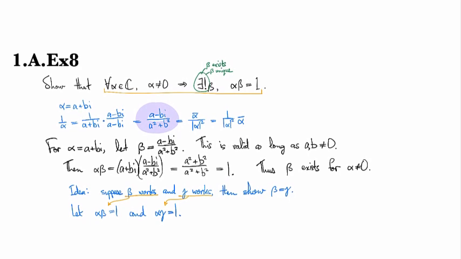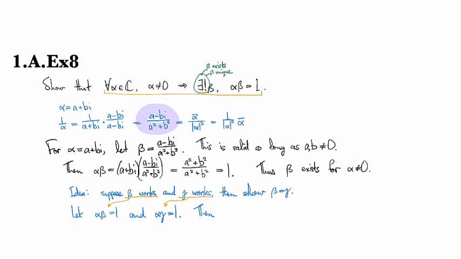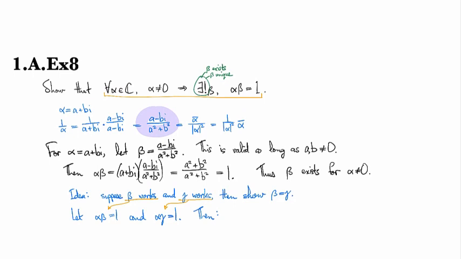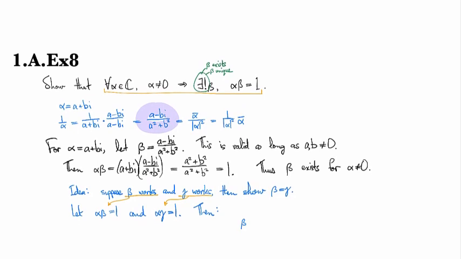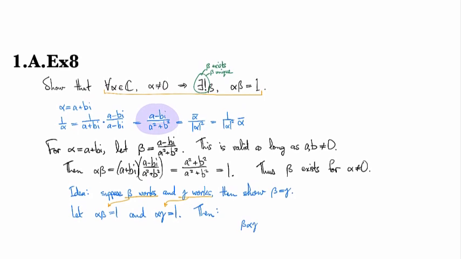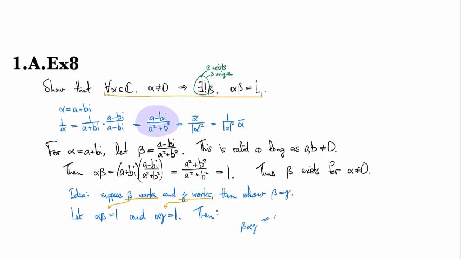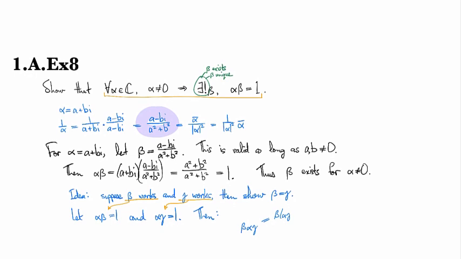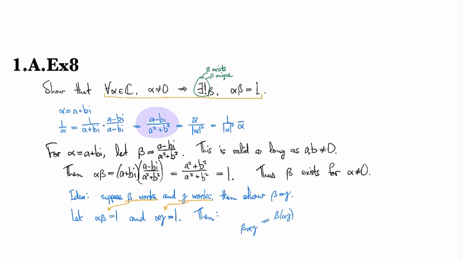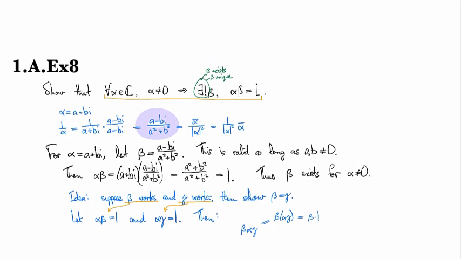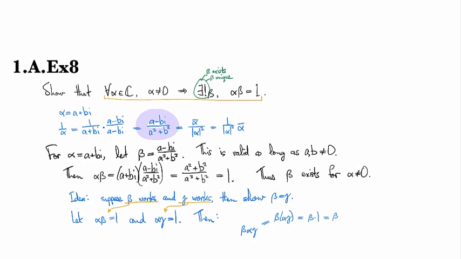So let's see. What do we have? Well, I can look at beta alpha gamma. On the one hand, I can parcel this as beta times alpha gamma by associativity, and then by our hypothesis, that's going to be 1, and I get beta.